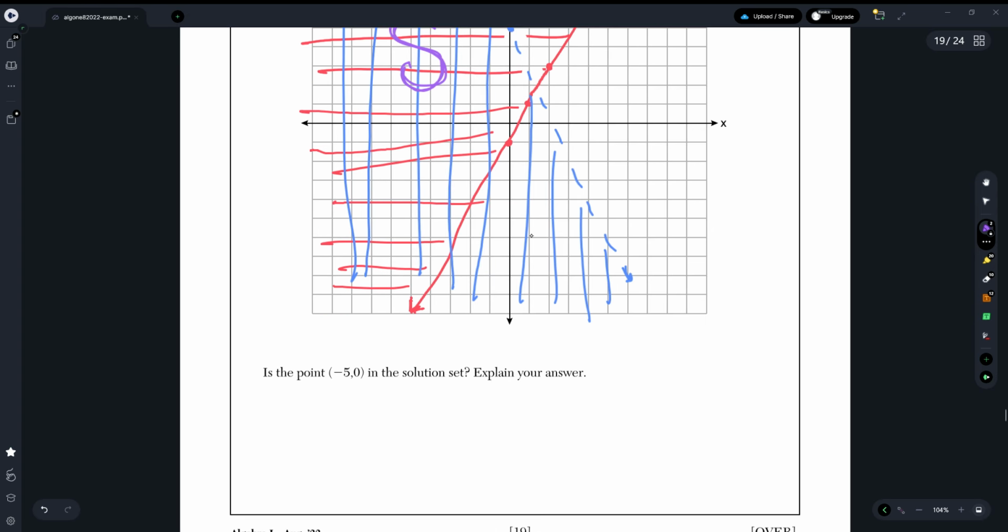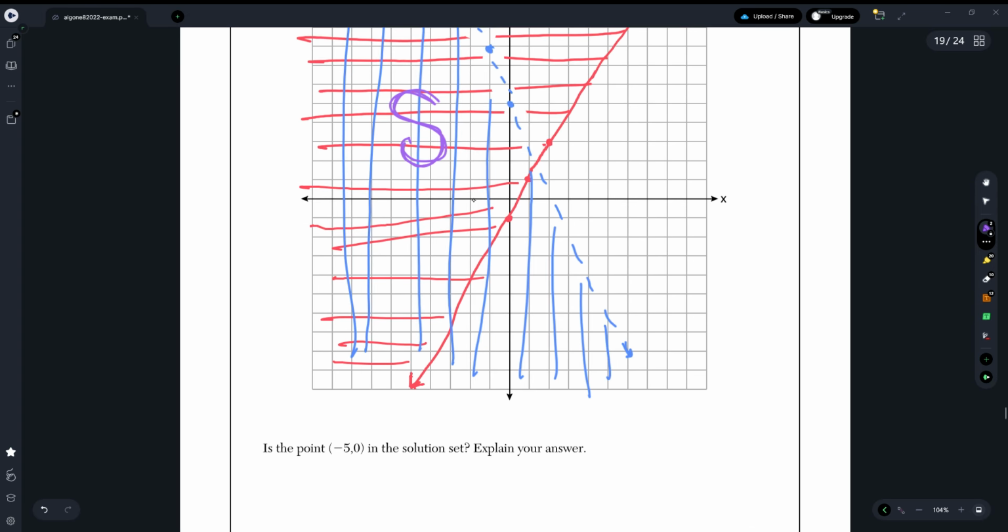Next, part 2 asks, is -5, 0 in the solution set? Well, let's check. So 1, 2, 3, 4, 5. That's -5 and 0. Well, -5 and 0 is in the area that has both of the shades.